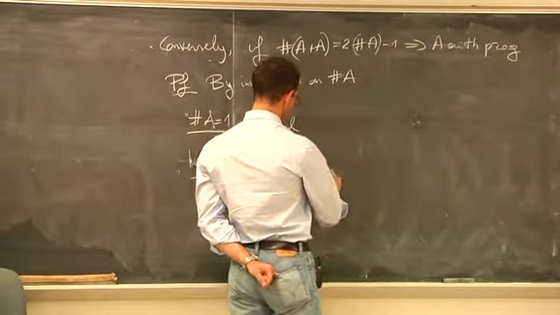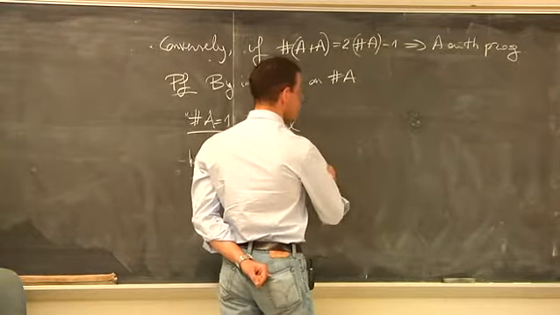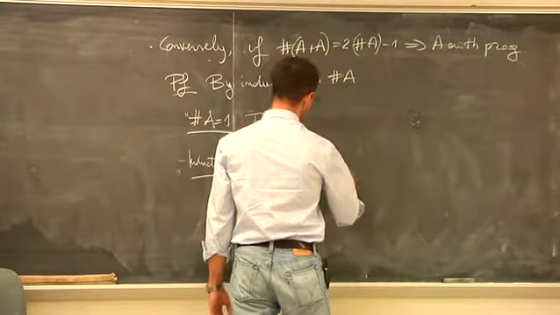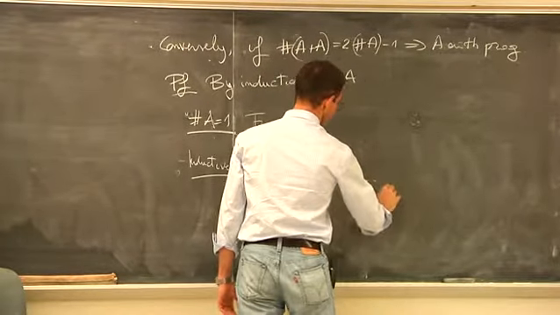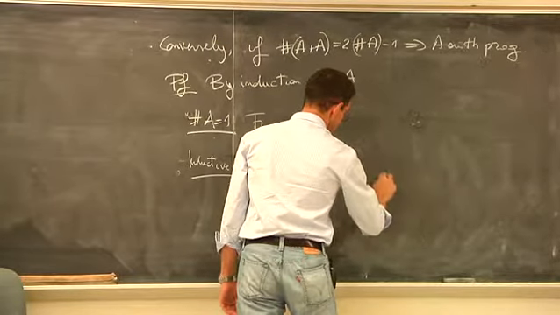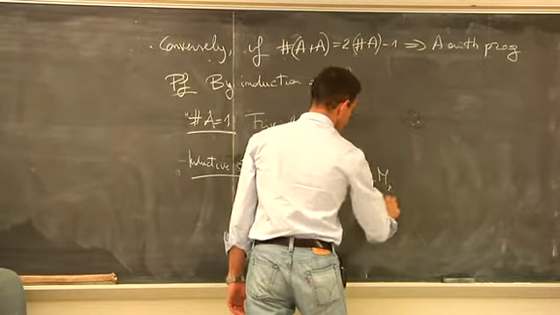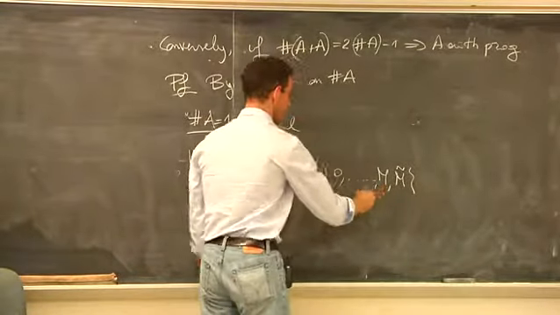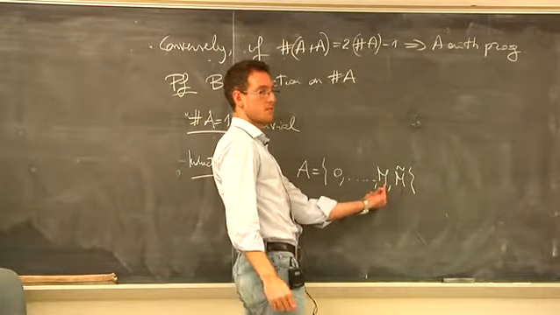So let's say that you have your set A, which again you can always assume starts from 0. So let's say A is something like 0, and then there is an element that I'm going to call M, and then there is another element M tilde. So this is the largest element, and this is the second largest.